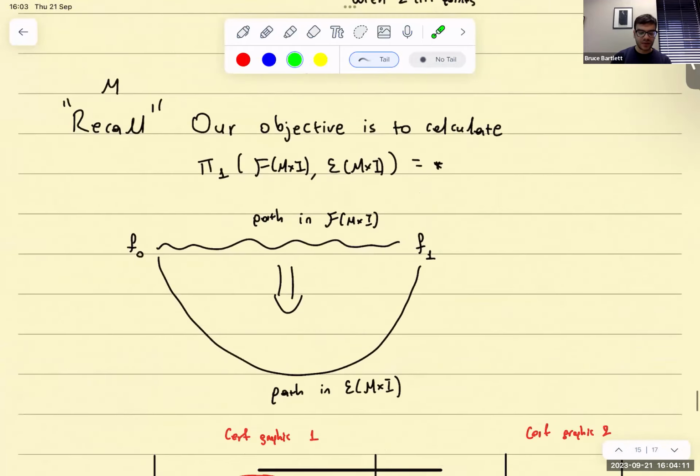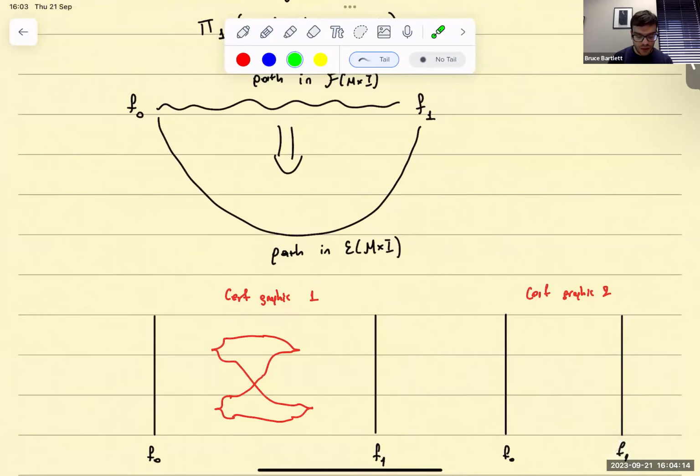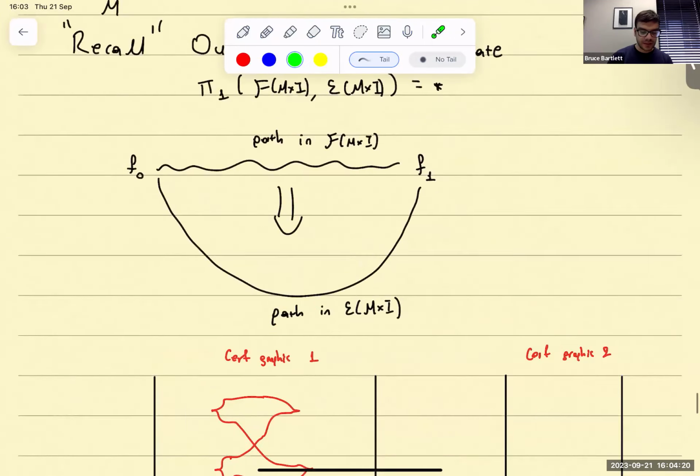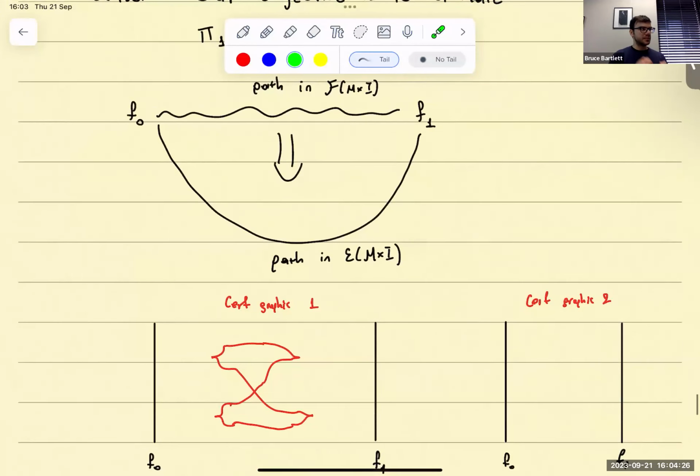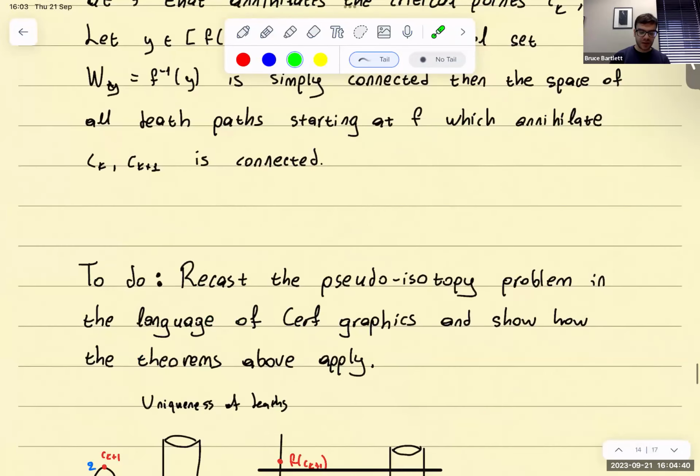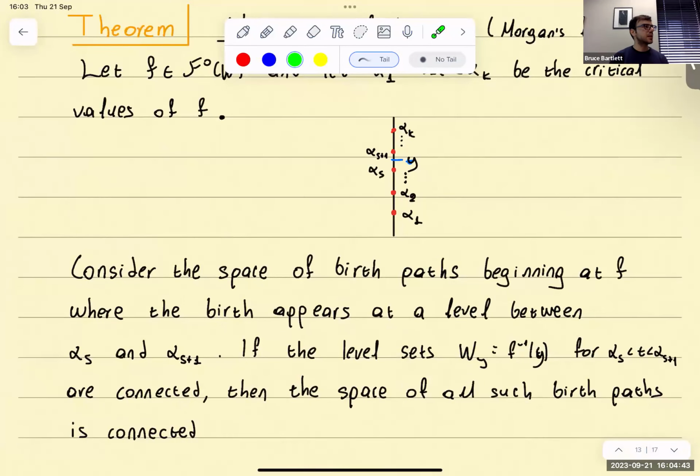Basically, all I want is for you to be happy that it's somehow important, related to the pseudo-isotopy theorem, to be able to simplify surf graphs. If you're happy that this is useful, that's important. Then those theorems give us ways to simplify surf graphs. We're going to see that again, and we're going to see more ways to simplify surf graphs later on.